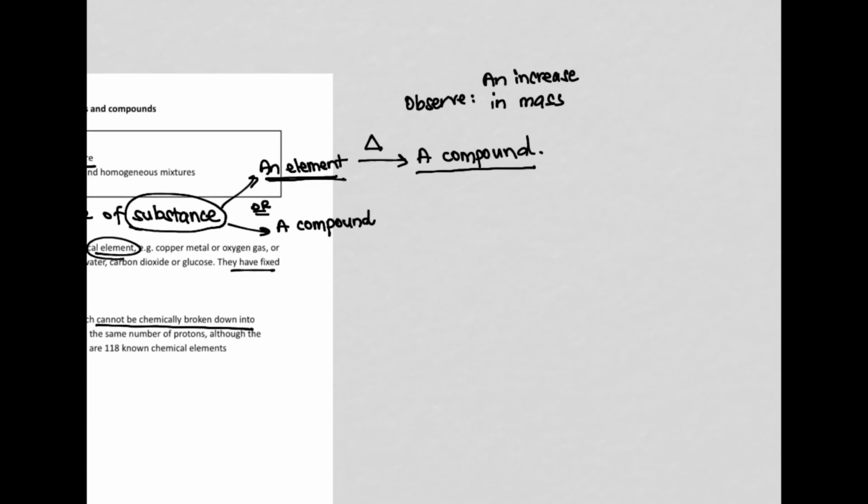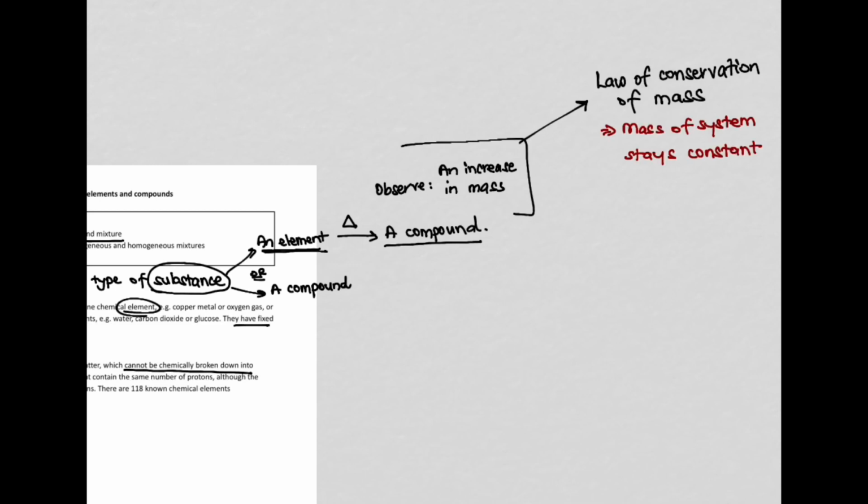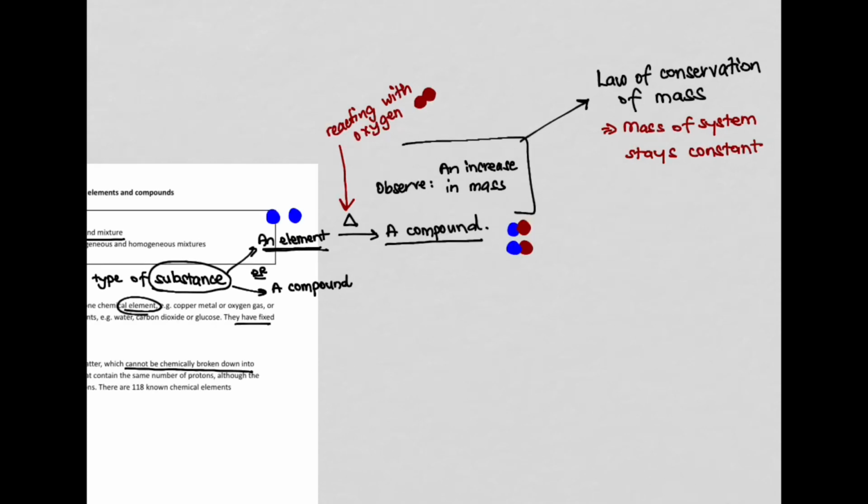And why do we observe an increase in mass? I'm going to refer back to the law of conservation of mass. Because when you're heating here, this means that you are reacting with oxygen. This is what heating means, reacting with oxygen. So if you look here, I have an element. So this is a pure substance, so you can see only one type of particle.